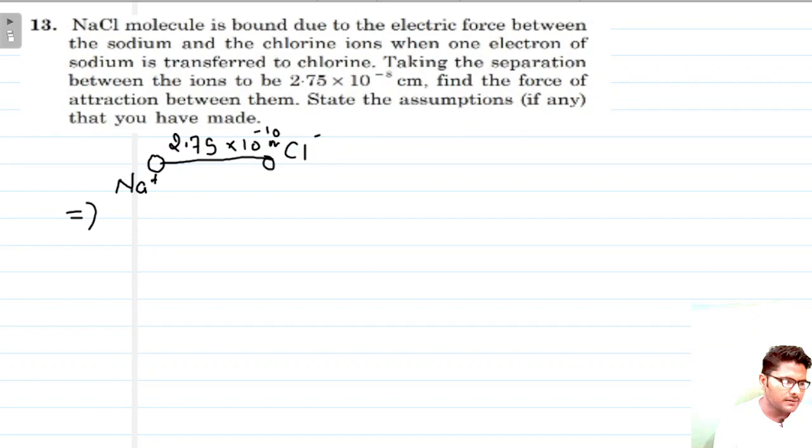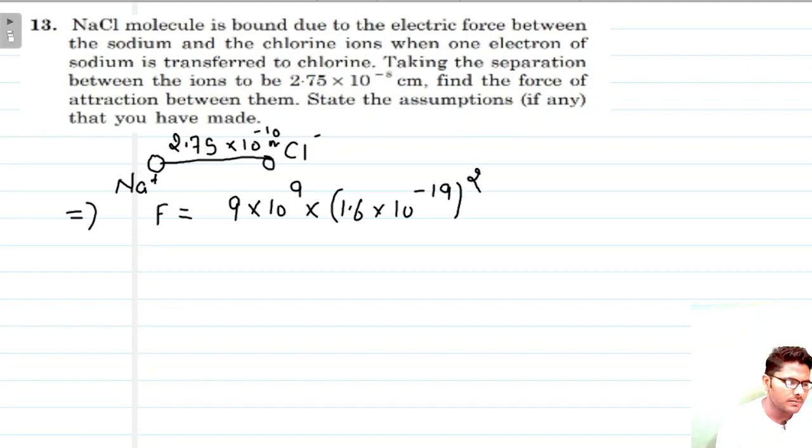You have been asked to find the force between them. So F will be 9 into 10 raised to power 9 into the charges. The two charges are 1.6 into 10 raised to power minus 19, because one electron is less in one ion and one electron is more in the other ion. The distance between them is 2.75 into 10 raised to power minus 10, and the square of this.